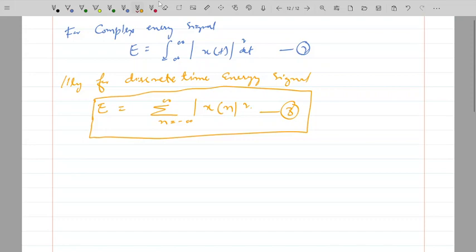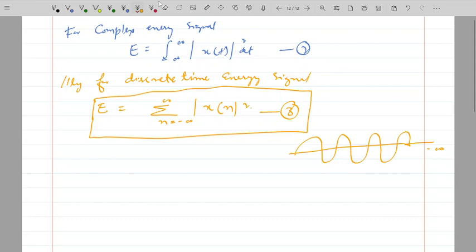So we will define some parameters of the average, that is the average power parameter for periodic signals. So let's start here. This is the periodic signal, which will be infinite. The same signal repeats after some time instant, and so on.